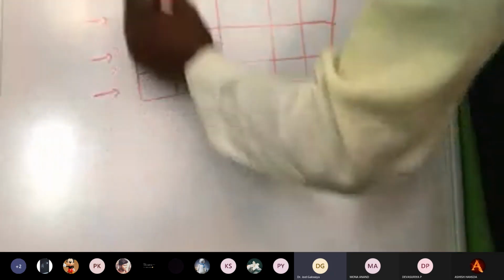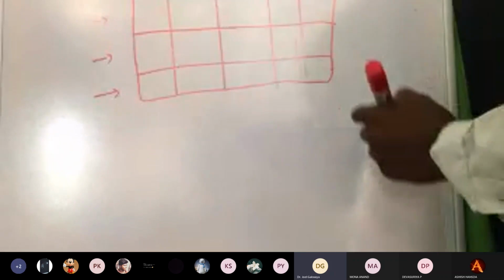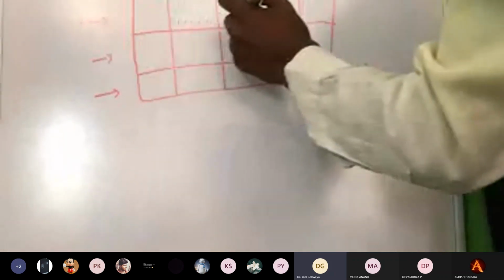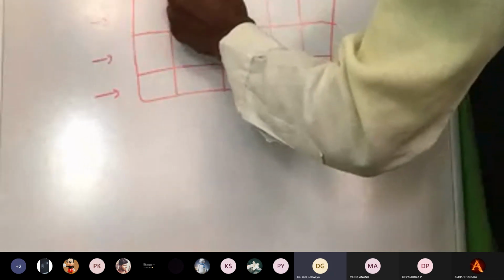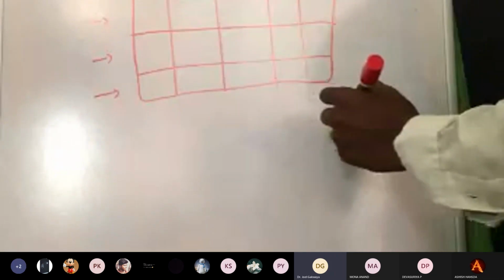So here is the demand; column wise is the demand. In this table, I have the cost of transport. Let me say 11, 13, 17, 14.